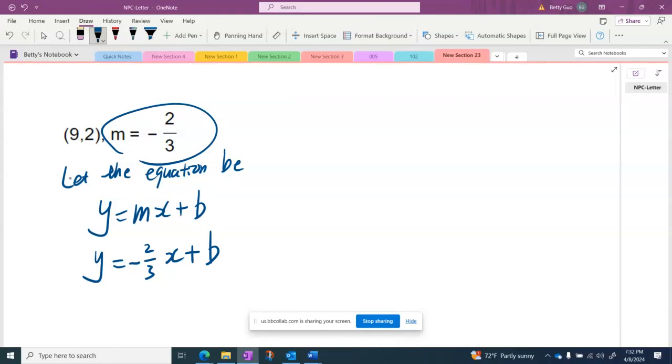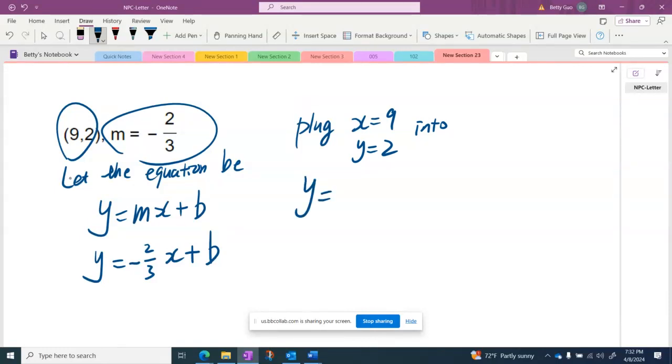We need to find the value of b. How do we find the value of b? Another piece of information, the point (9, 2). Plug x equals 9, y equals 2 into y equals negative 2/3 x plus b.